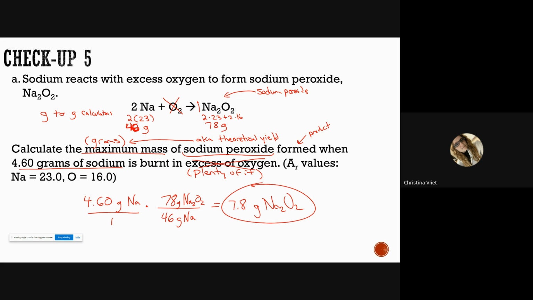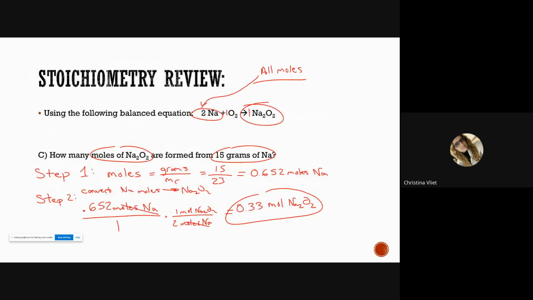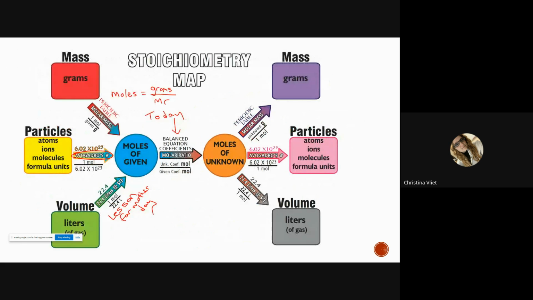Yes? The alternative method would be to change grams of sodium to moles of sodium, moles of sodium to moles of sodium oxide, and then moles of sodium oxide to grams of sodium oxide, which is basically to do this. You could go through the mole chart and do 3 steps.